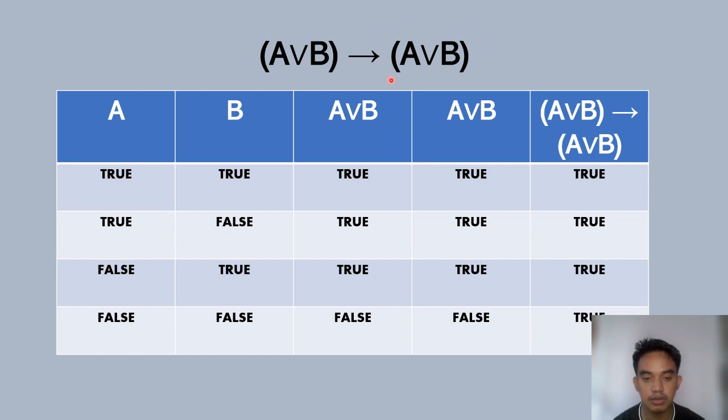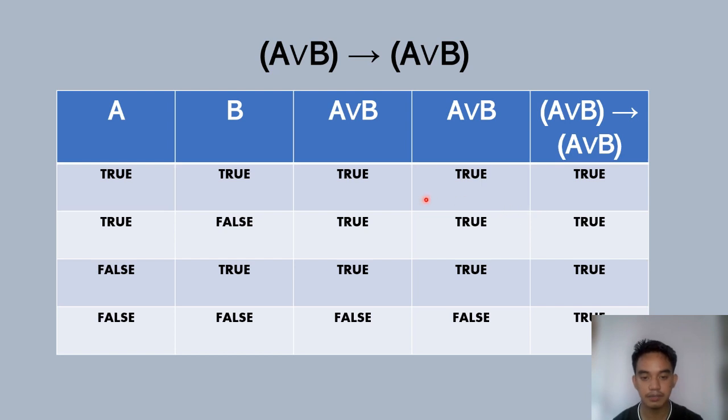Let's solve the right side, A or B again. Let's just copy it because it's the same as the left side. Let's proceed here. The implication is being used here. As you can remember, in implication, the value of A implies B is false if A is true and B is false.